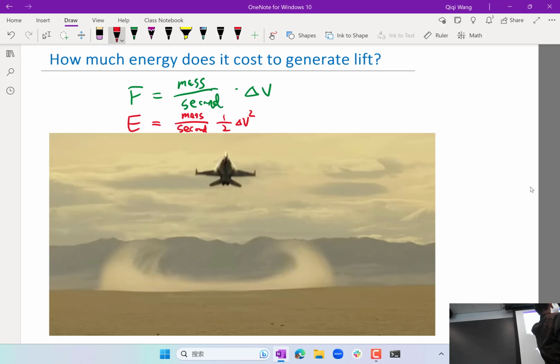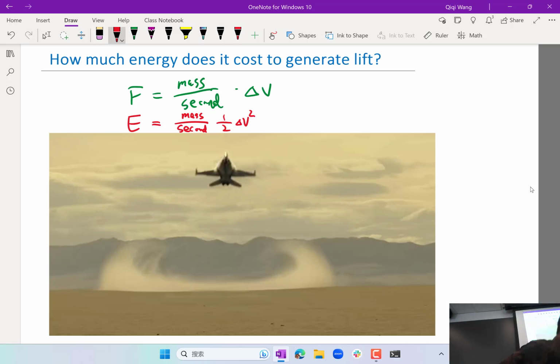If you want the same force, that means the product of the mass per second and the delta V has to be the same. Increasing which term, decreasing which term is going to reduce your energy consumption? Increase the amount of mass and decrease the delta V, right, is going to make it a lot more efficient.